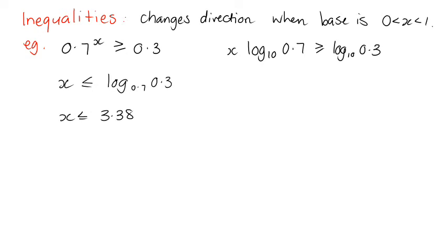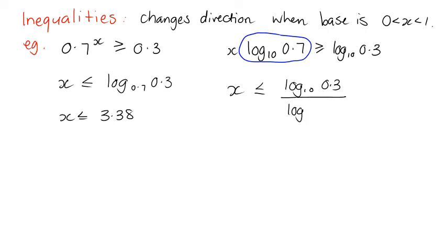Yeah, so this number here is actually a negative number. So when we take it over the other side, we're dividing by a negative number, so that means that the sign flips. So you get 3.38.